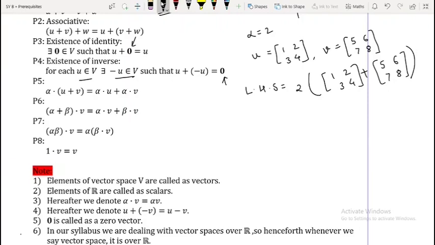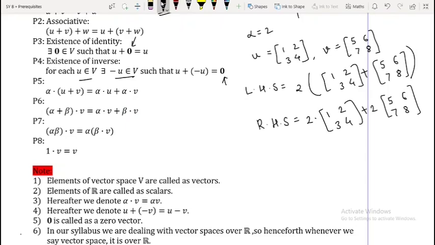And our right hand side will be alpha is 2, our u is 1, 2, 3, 4, plus again alpha, so this 2 as it is, and what is our v, that is 5, 6, 7 and 8. So the left hand side and right hand side should be the same, you can verify yourself. We will get that LHS and RHS will be same.